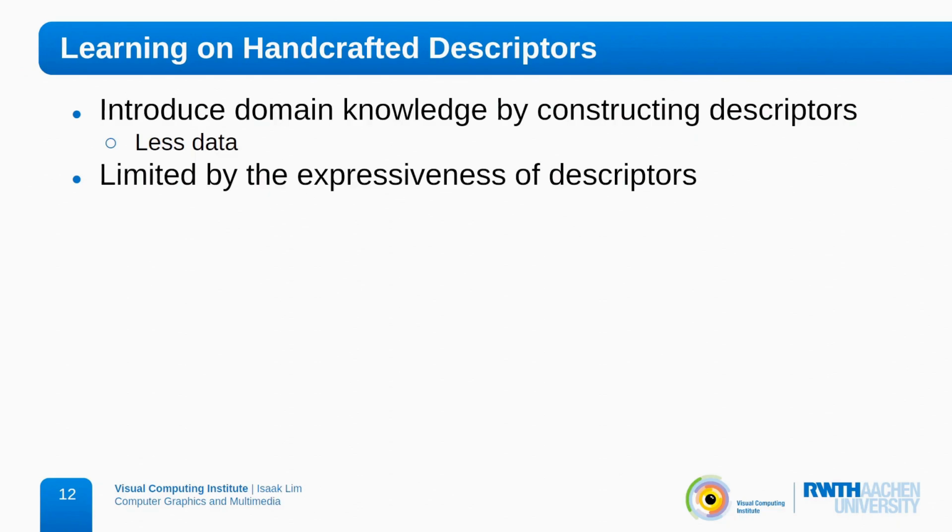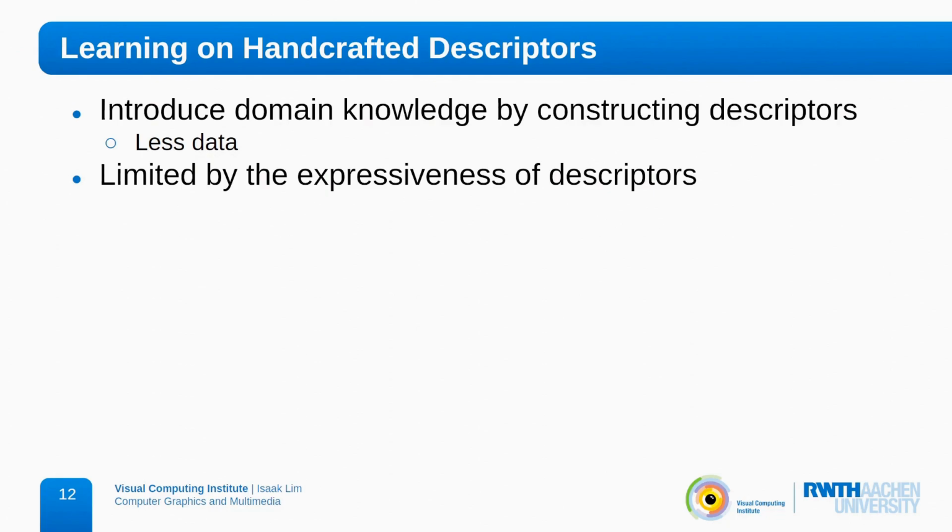So if we know that certain properties are of interest for a certain task we're trying to solve, then by constructing appropriate descriptors, we are possibly able to generalize well without having a large amount of training data, simply by introducing this prior in the form of the descriptors we compute as input into our optimization loop.